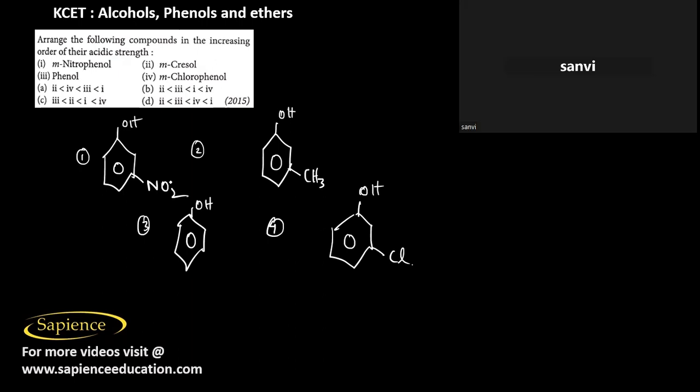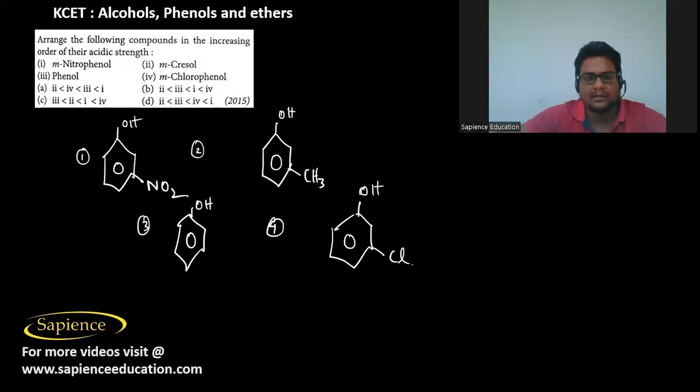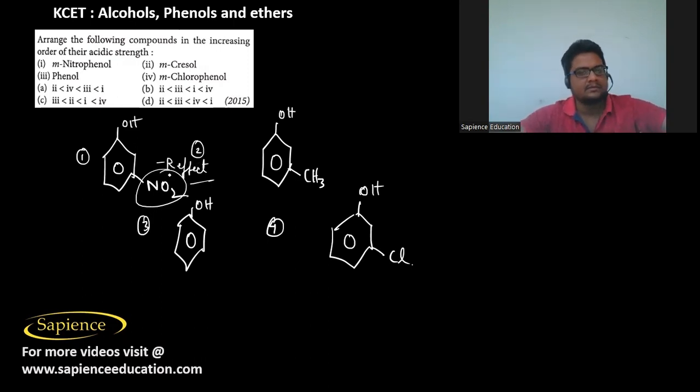Since the nitro group has minus R effect, it is an electron withdrawing group.